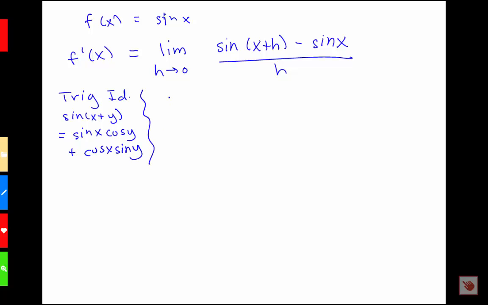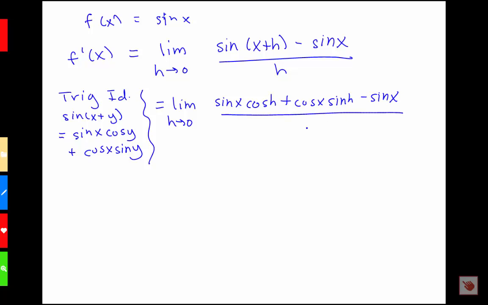So we're going to make use of that identity in our next step. So we've got the limit as h goes to 0, sine x cosine h plus cosine x sine h minus sine x all over h.